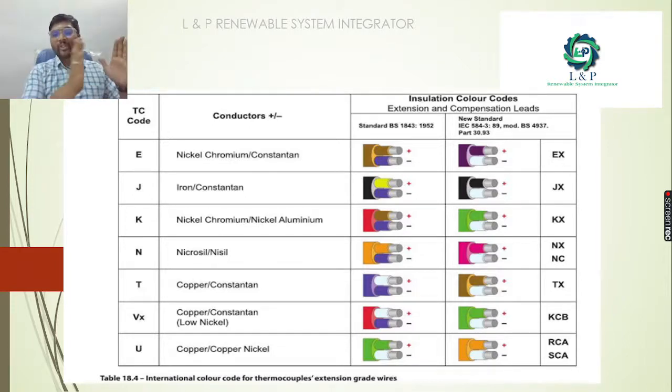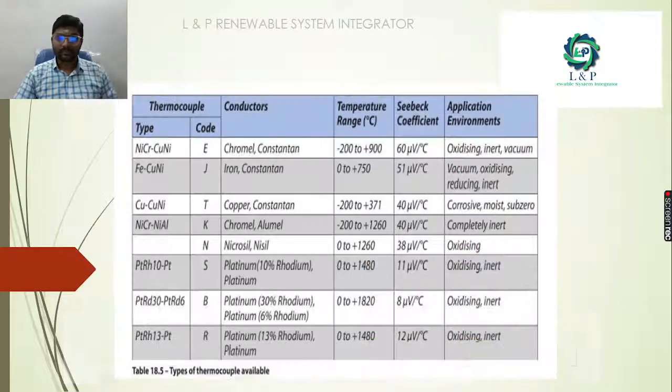If you're going for iron constantan, the TC code will be J. If you're going for nickel chromium or nickel aluminum, we need to follow this color code. If you're going for Nicrosil or Nisil, then you need to follow this insulation color code. If you're going for copper constantan, you need to follow this. If you're going for copper constantan with low nickel, follow this color code. If you're going for copper or copper nickel, follow this color code.